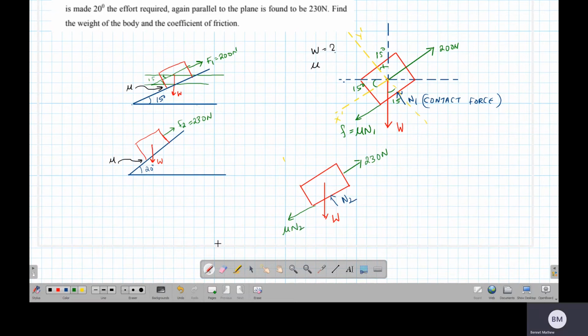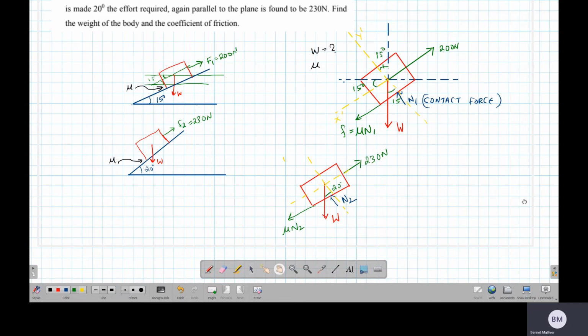Now I can draw my axis also. So this angle also I can directly write now. The angle is 20 degree. So we have the forces, the directional forces. Now we just have to find how to write the equations, the equilibrium equations.